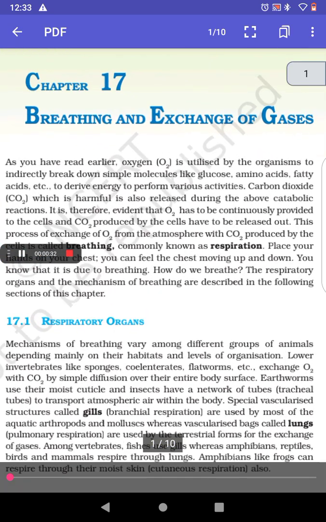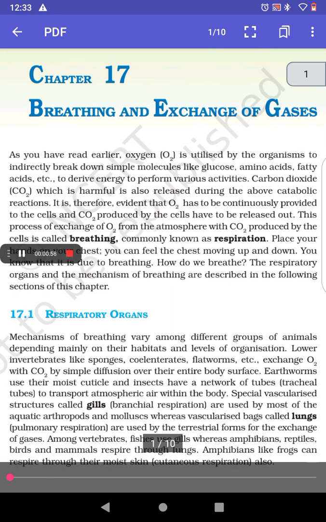In the second line, utilized by the organisms to indirectly break down simple molecules like glucose, amino acids, fatty acids, etc. These glucose, amino acids, fatty acids are the main one mark to be asked. So just remember that to derive energy to perform various activities, carbon dioxide, which is harmful, is also released during the above catabolic reactions.